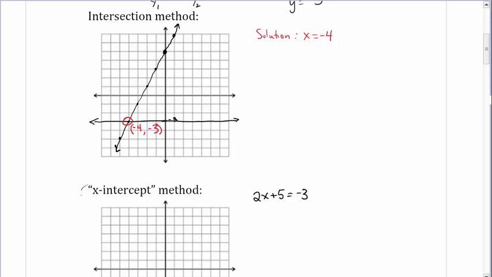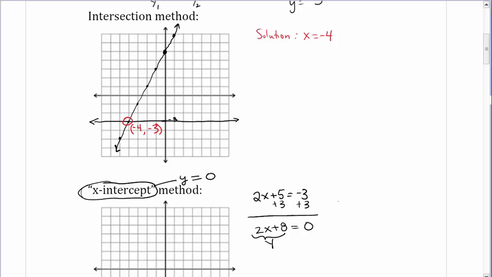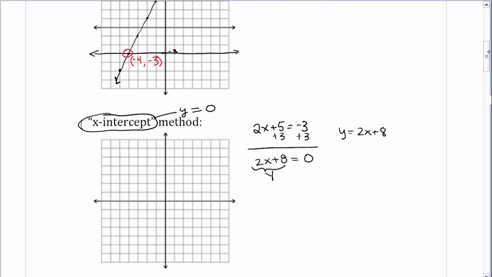The reason you make it equal 0 is that for an x-intercept, the y value has to equal 0. So if I add 3 to both sides, I get 2x plus 8 equals 0. So I could create just one graph of y equals 2x plus 8 and then look for the x-intercept.